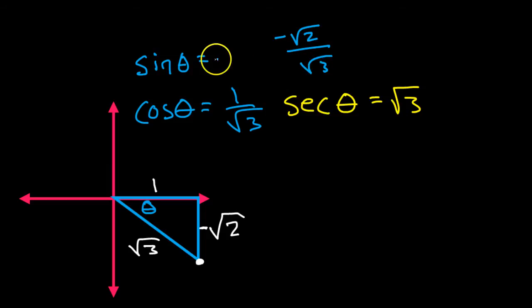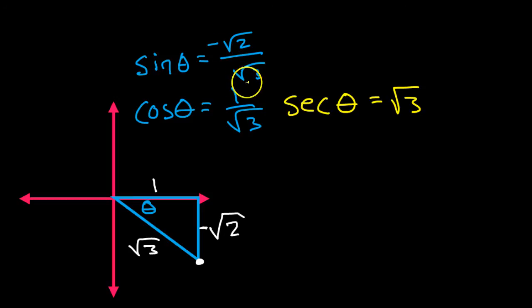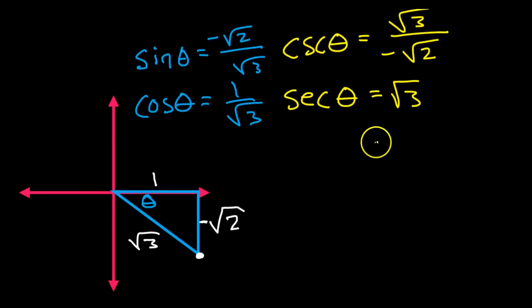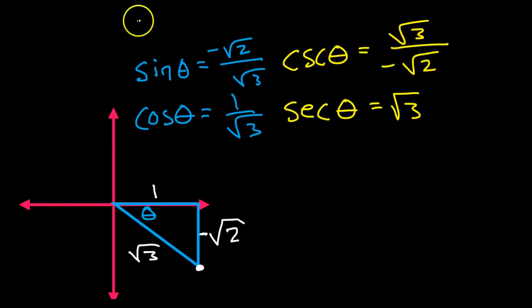I'm just going to leave it like that. And then the reciprocal of the sine function is the cosecant function. So cosecant theta is going to equal radical 3 over negative radical 2. So you got that. And now the tangent function.